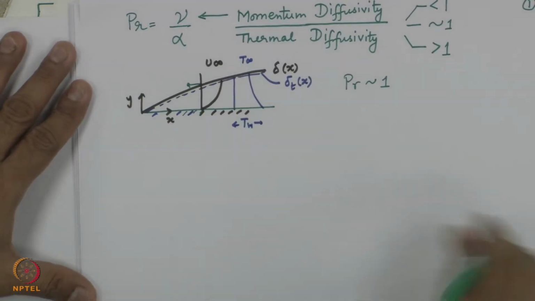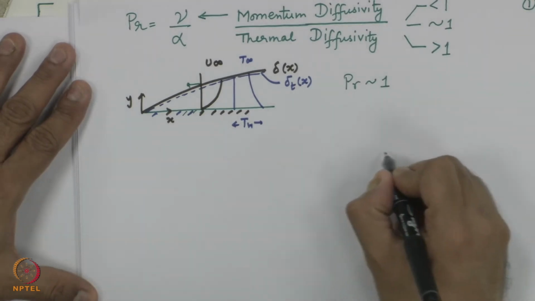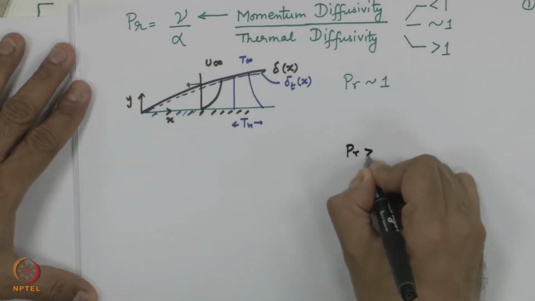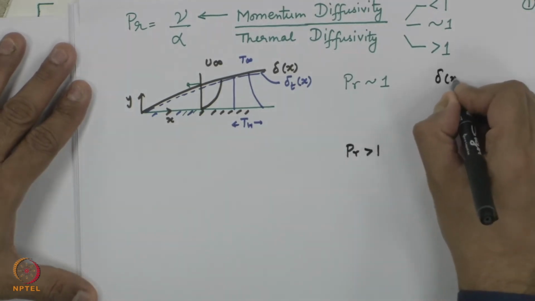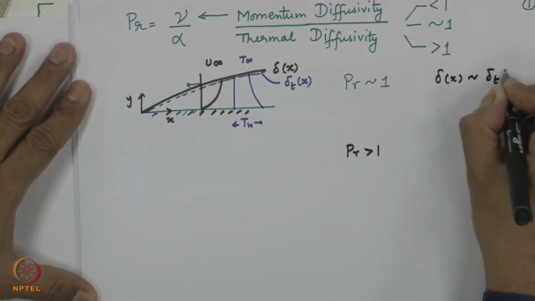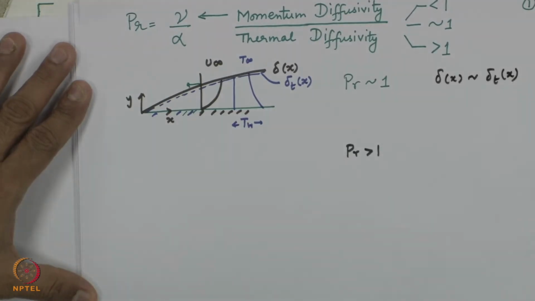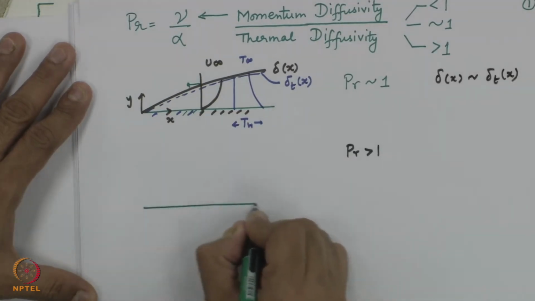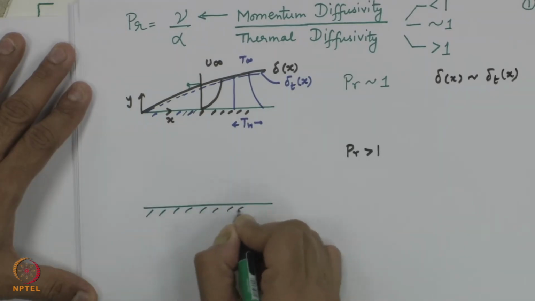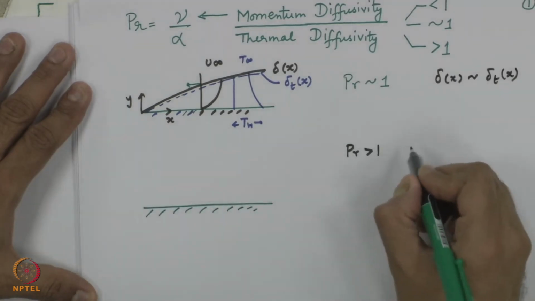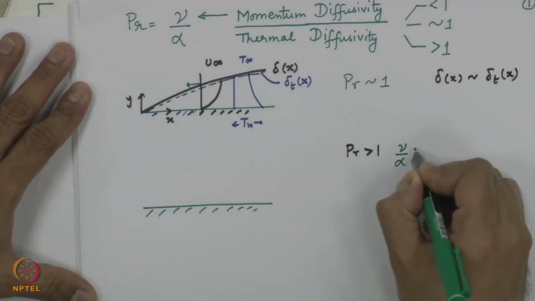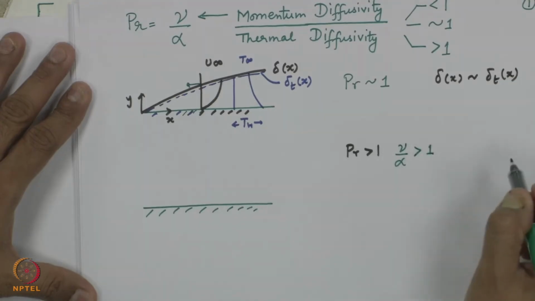Now, let us go to the case where Prandtl number is greater than 1. So, delta of x of the order of delta t. Prandtl number greater than 1, that is nu over alpha greater than 1.